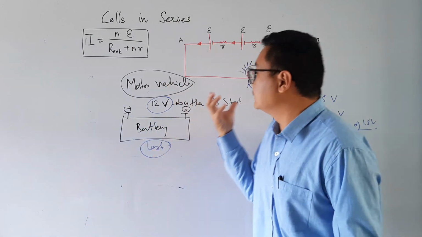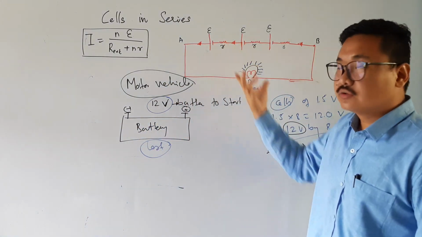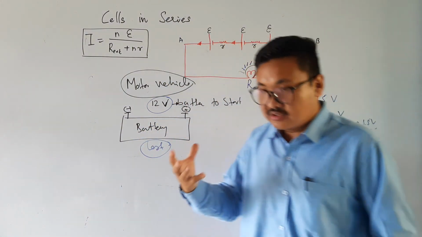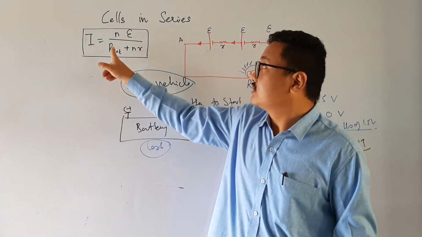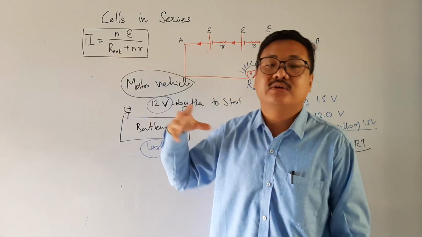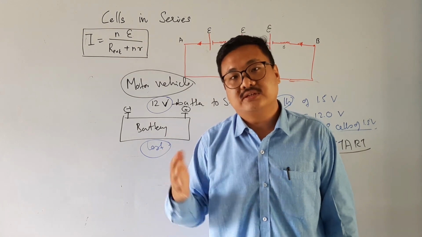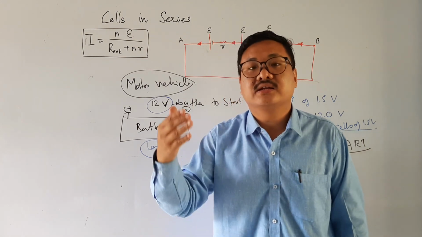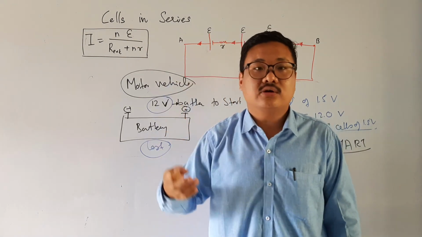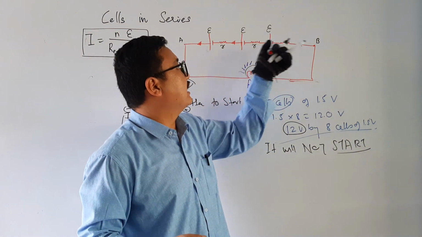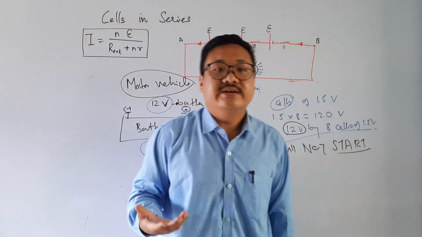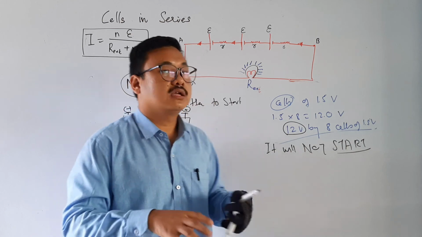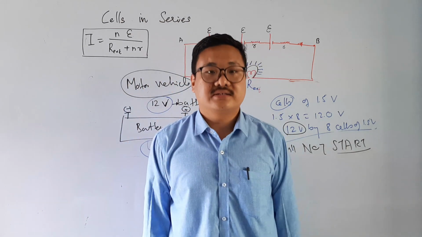If the internal resistance becomes very large, then what will happen? The current will decrease, because there will be a large total internal resistance, and the motorcycle will not be started.